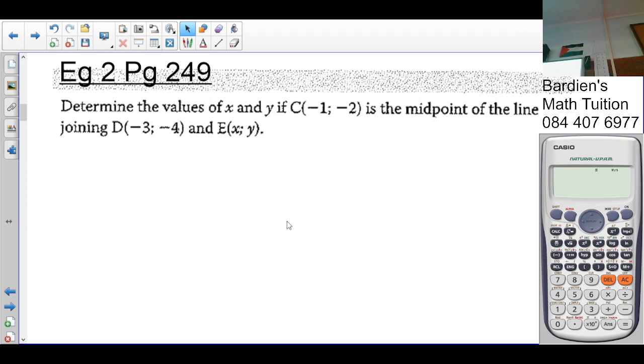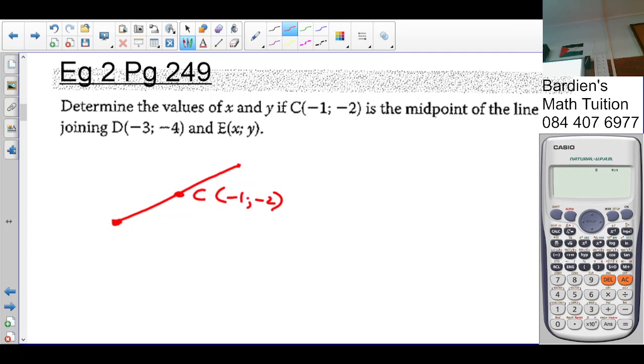The midpoint is given. Can you see that, people? The previous sum, you had to calculate the midpoint. Here, the midpoint is given. So I'm not going to draw it again on the axis. So C is (-1, -2). Determine the values of x and y if C is the midpoint.